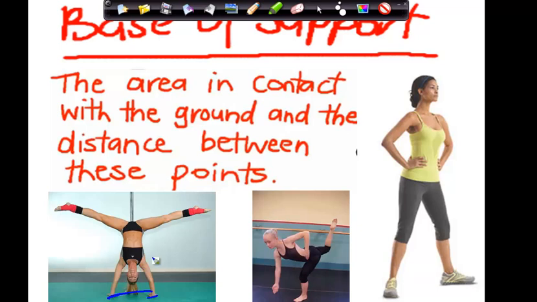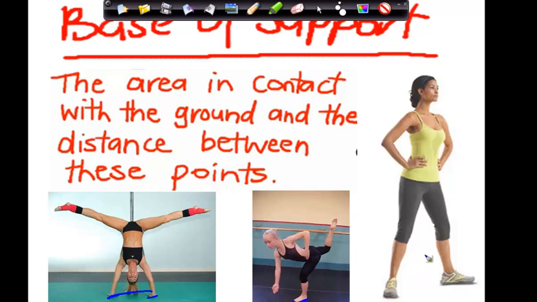Alright, if we were to move on to the next picture, with the lady that is just on 1 foot, we look that her base of support has only got 1 foot on the ground. So the area that's in contact with the ground is the foot, which is here and here, and the base of support is between those 2 points. So that is her base of support there.